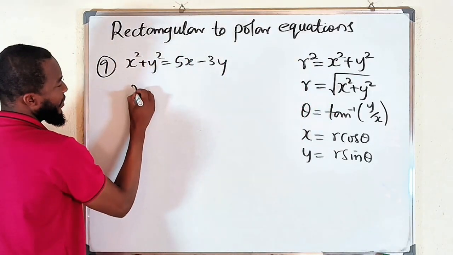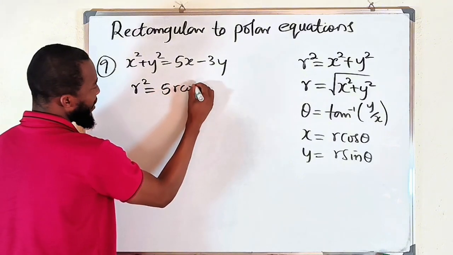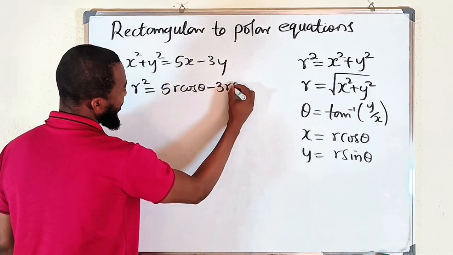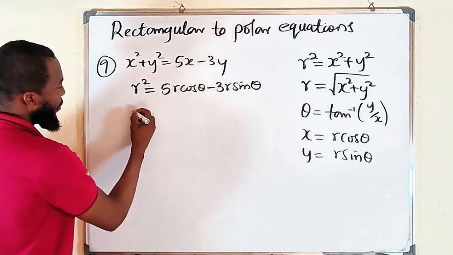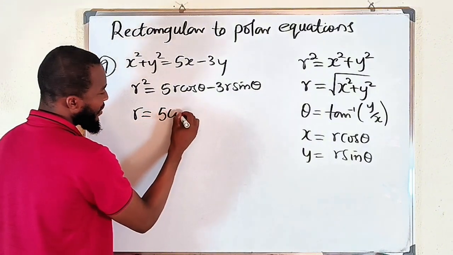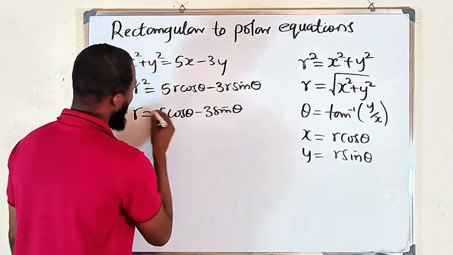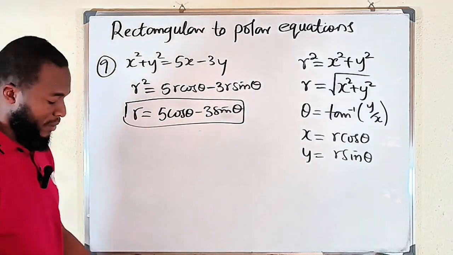R squared equal to 5 multiplied by r cos theta minus 3 multiplied by r sin theta. Divide every single term by r. We have r here. This r and this r will go. We have 5 cos theta here minus 3 sin theta. And hence, this is said to be a polar equation.